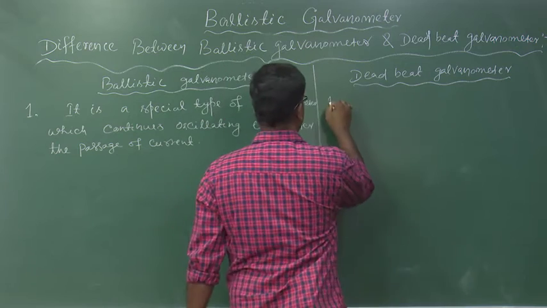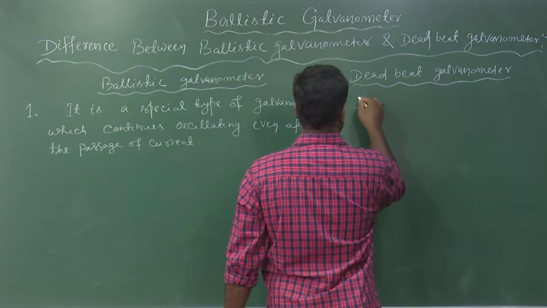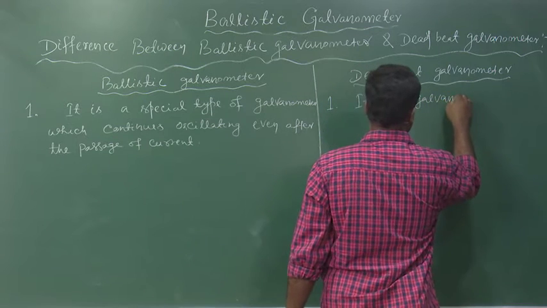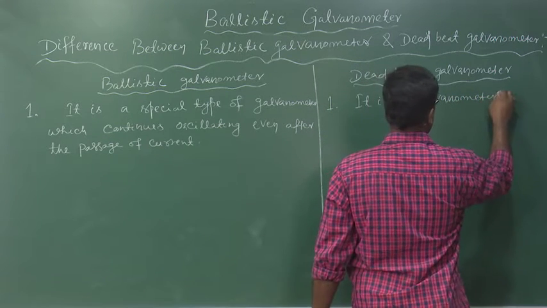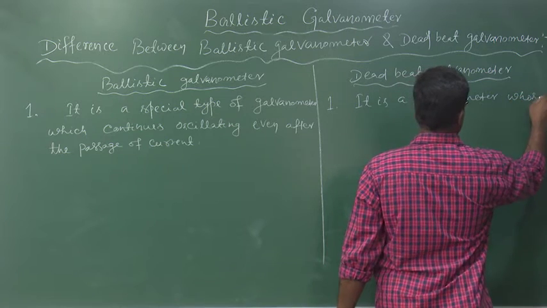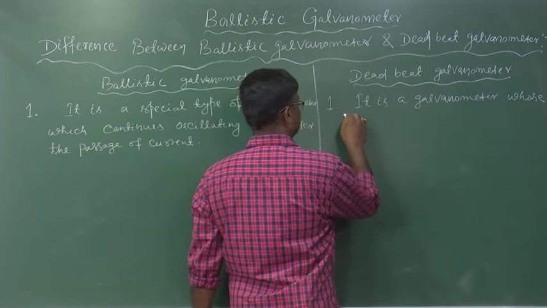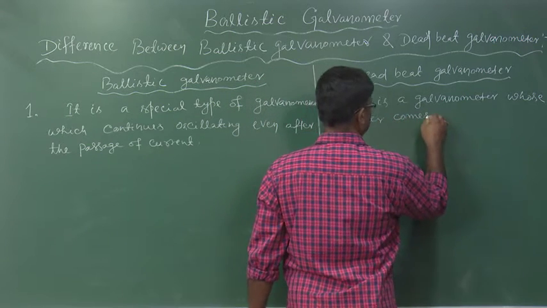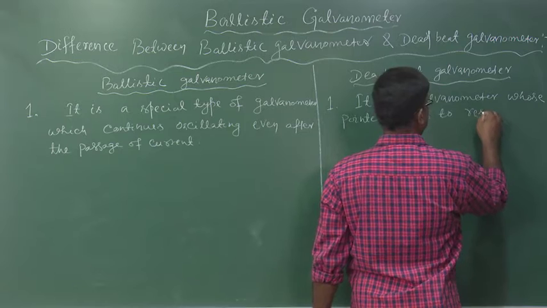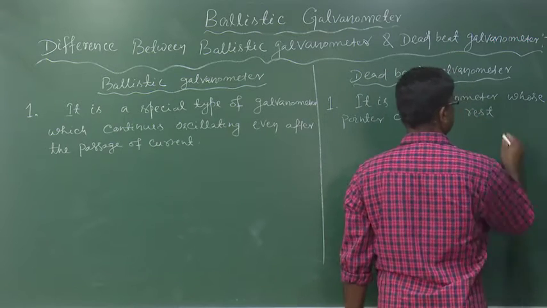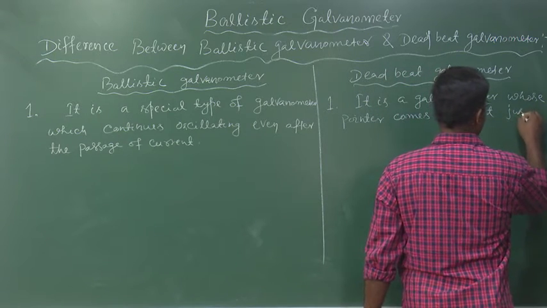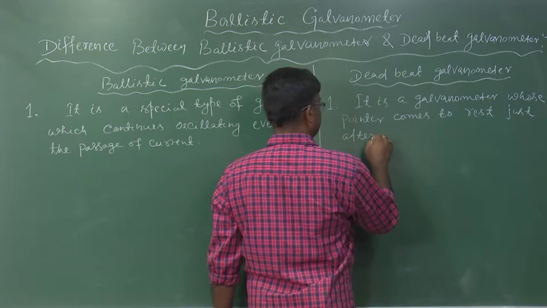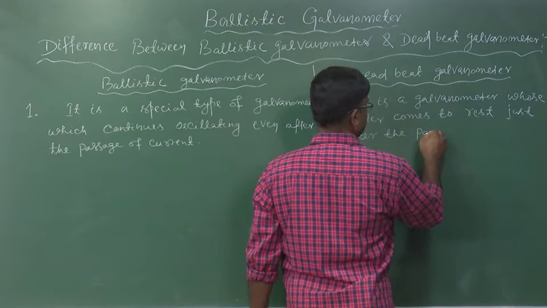But in case of deadbeat galvanometer, it is a galvanometer whose pointer comes to rest just after the passage of current.